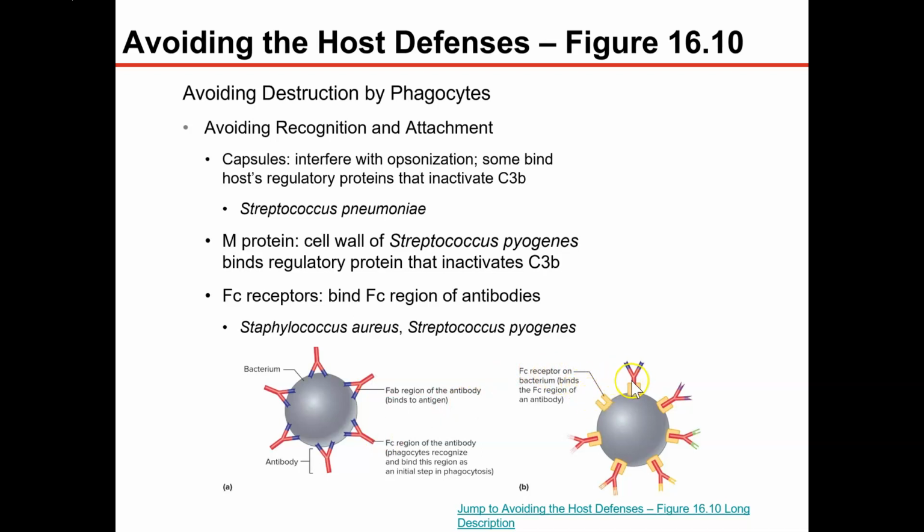But these Fc receptors bind this region of the antibody. And in this mechanism, the pathogen is no longer going to be opsonized and therefore will not be phagocytized. So pretty awesome little mechanisms these microbes have for evading our own host defense.